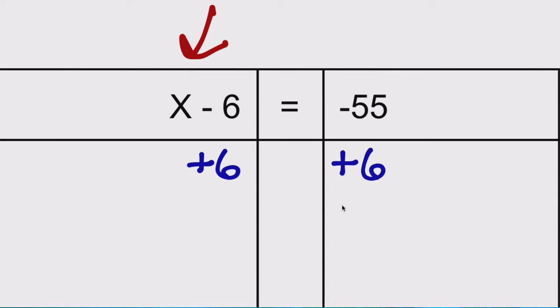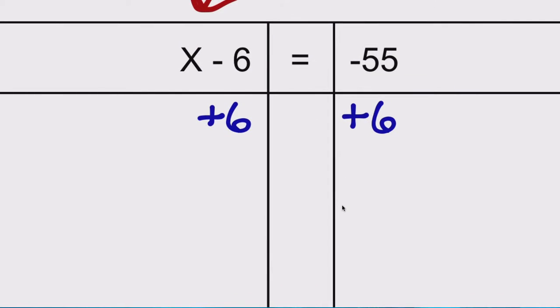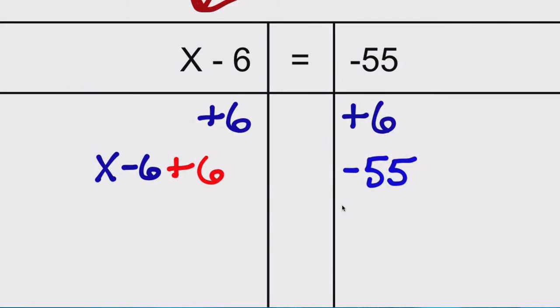All right, now, the way this works out, and you would have seen this in your book in a very similar way, is that you would have had x minus 6 plus 6, and you would have had negative 55 plus 6.